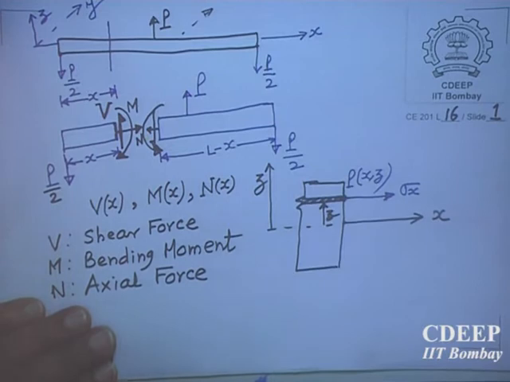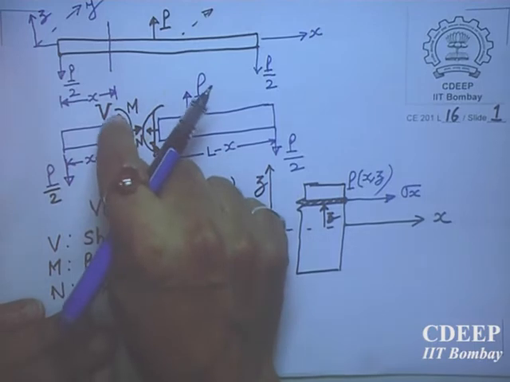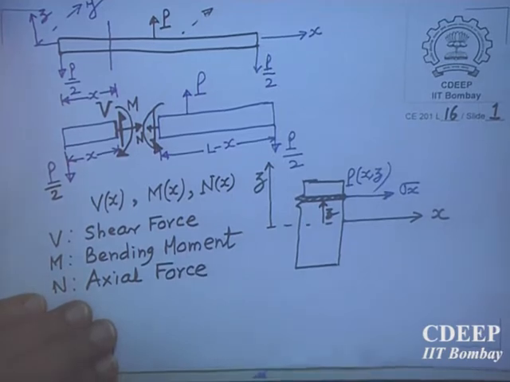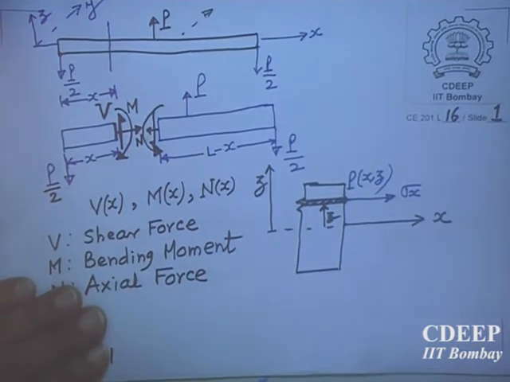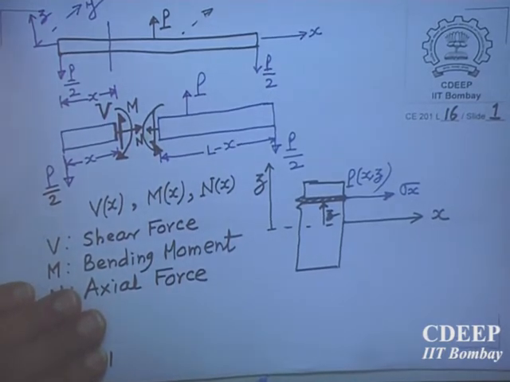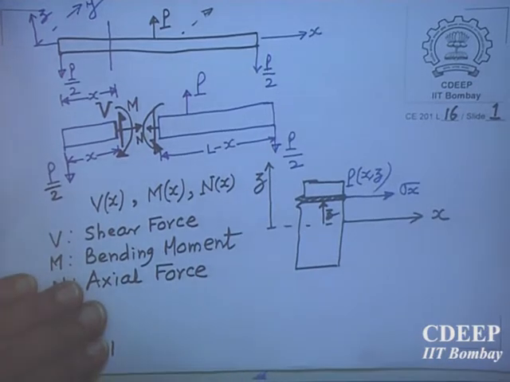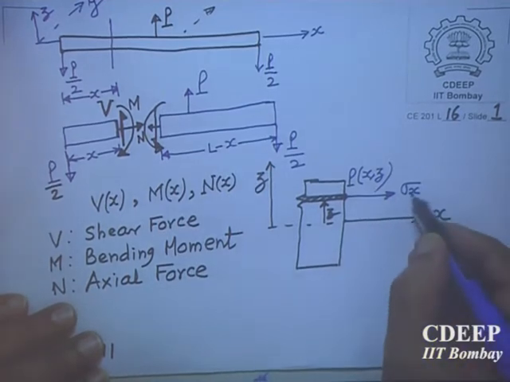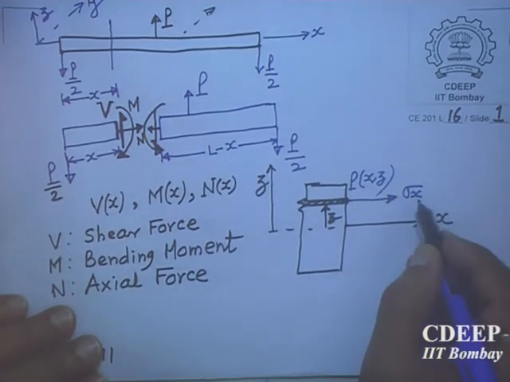Throughout the depth there will be sigma x acting, and it will not be constant, not like axial force where the whole cross section was subjected to the same sigma x, because P was acting at the centroid and the entire cross section was subjected to the same. Is it clear or not? Here, because it is bending, sigma x will be a function of z. It will be a function of x as well as z.